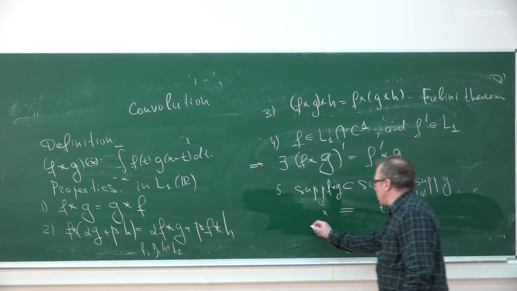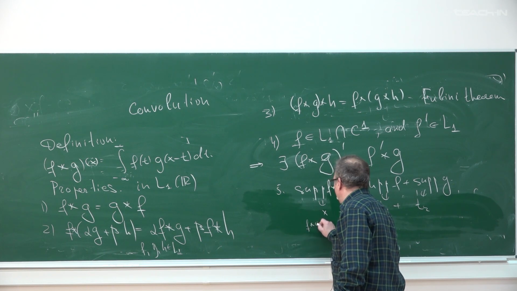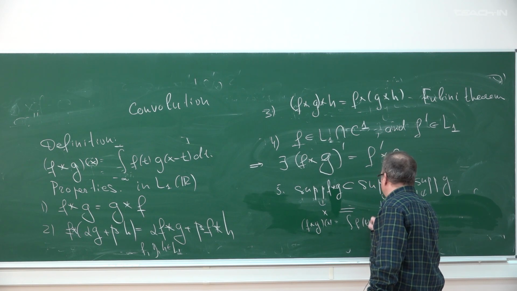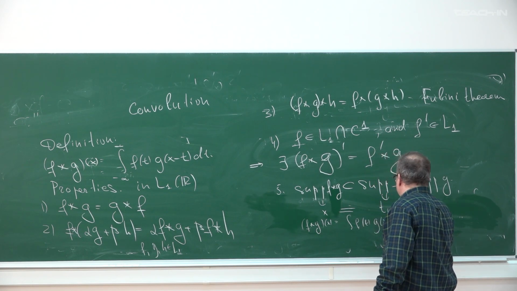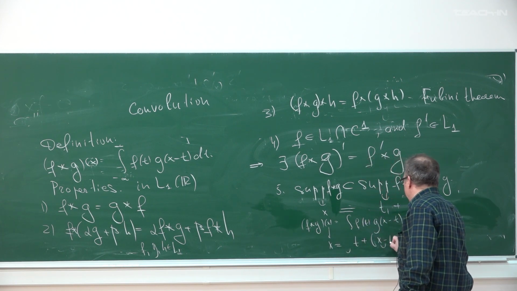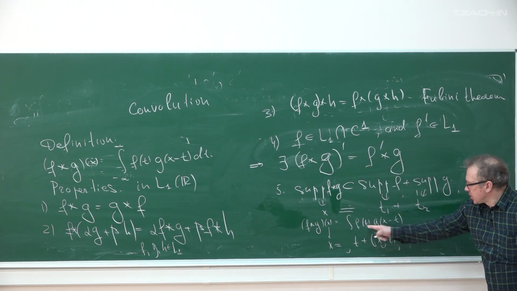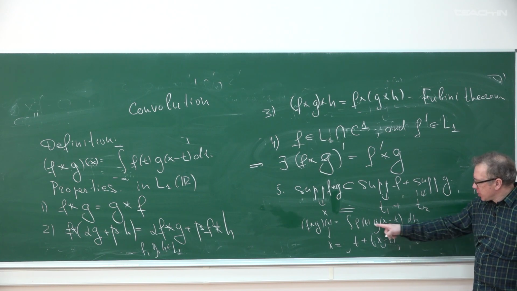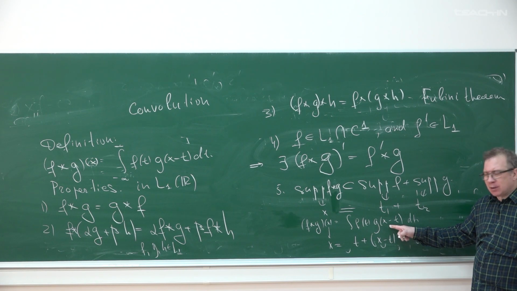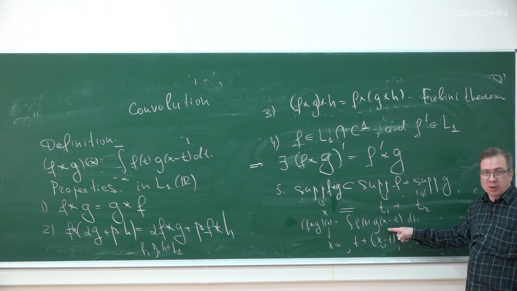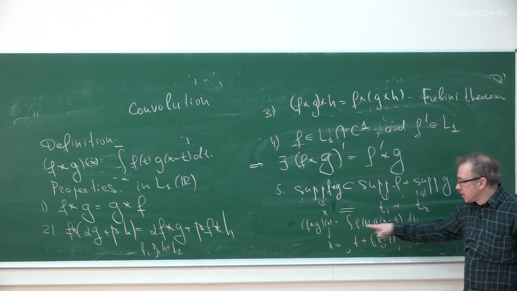Why? Because the convolution at point x equals the integral of f(t) g(x minus t). You can see that x equals t plus (x minus t), just the arguments of these functions. And if some point is not in the support, then it is 0, yes? If some argument is not in the support of the corresponding function, then one of these factors is 0. Then it is 0.